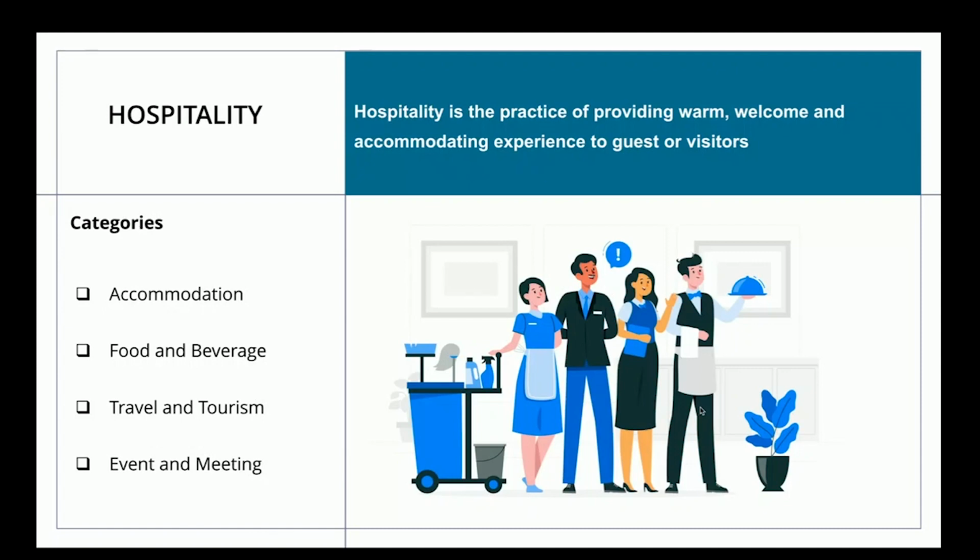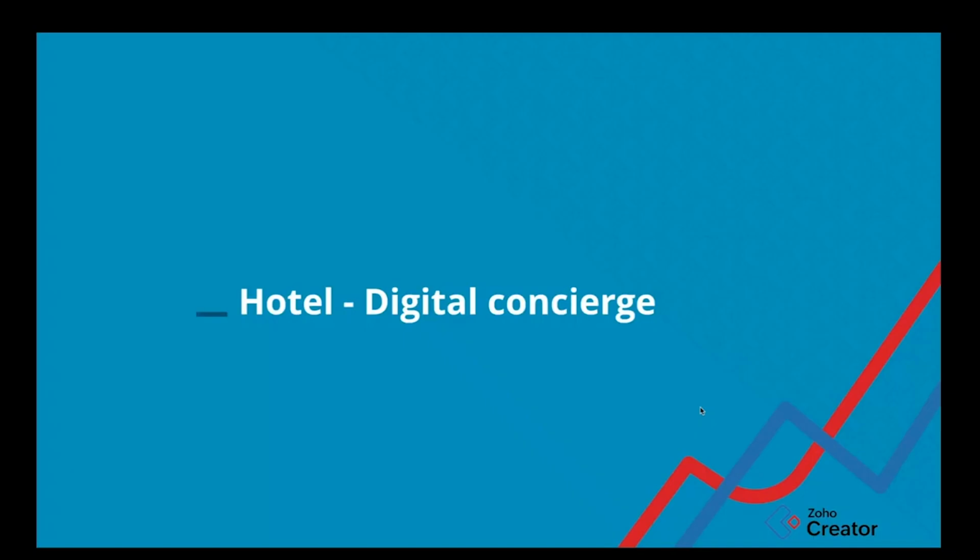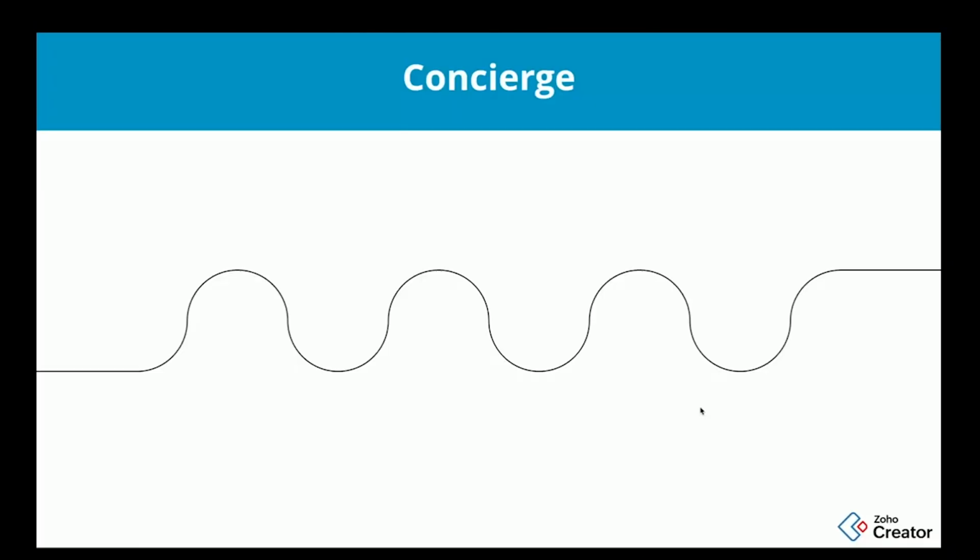For today's session, we just chose the category accommodation. That's where this hotel digital concierge comes into action. Digital concierge is most needed for hotels to make their guests' stay more comfortable. Let's quickly discuss the actual process of how this concierge works, and then we'll discuss the process flow involved in the application that we are going to see in the demo.